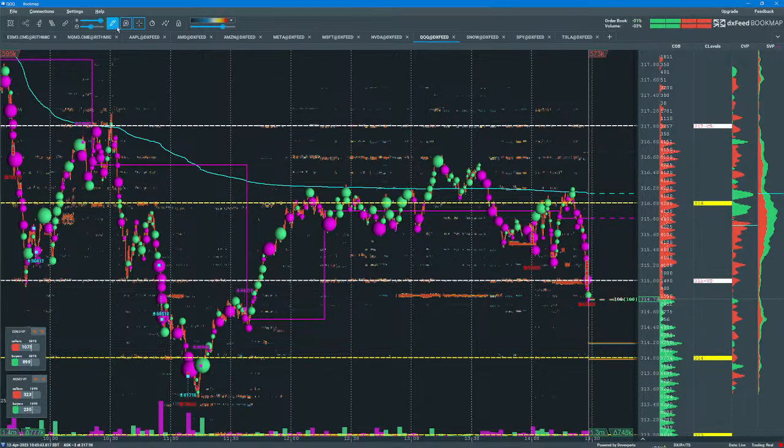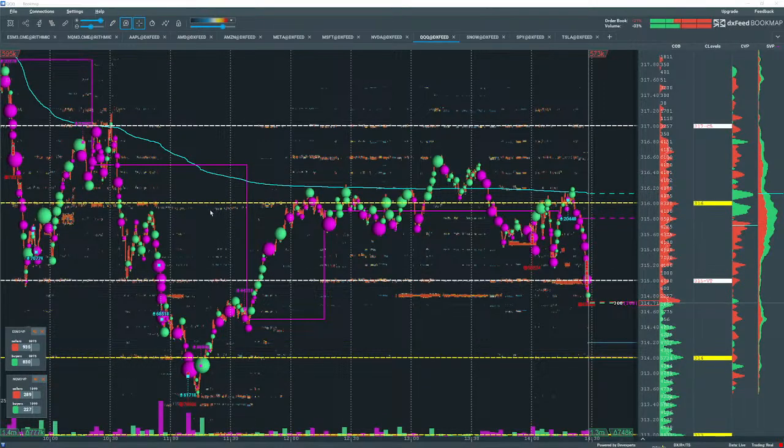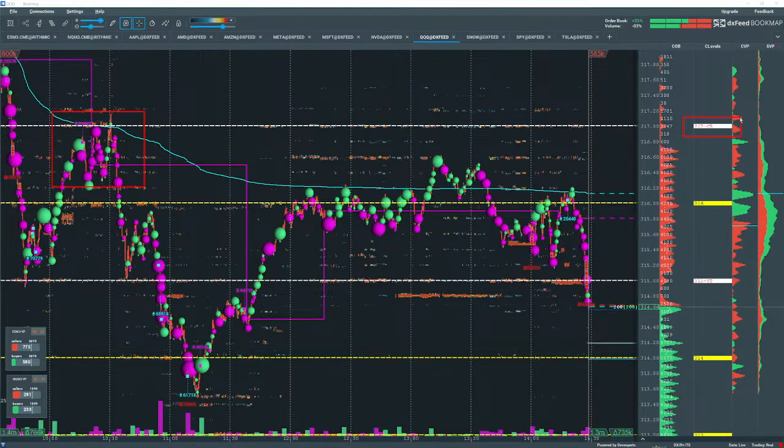So here's that short setup that I was talking about. Reversal at the 317 C5 level. That's a combo 5 level, 5 being the lowest on the rank of 1 to 5 in importance, or the amount of gamma at that level. But still it did act as resistance along with VWAP, and price moved down, good for a 3-point move down.